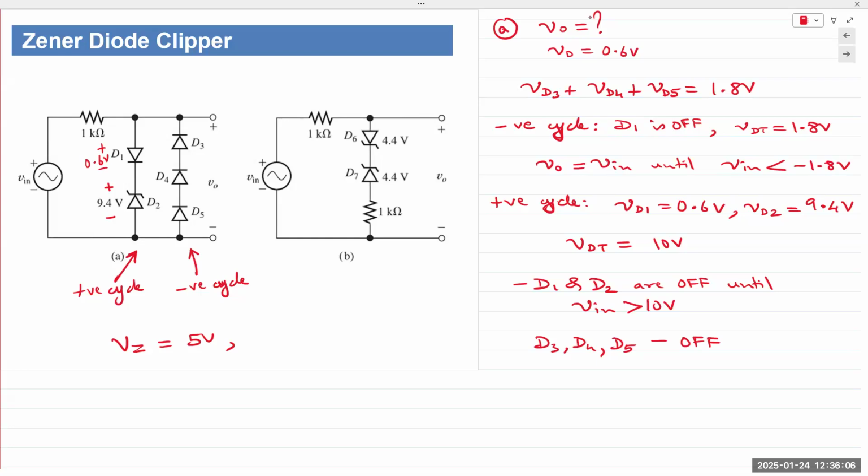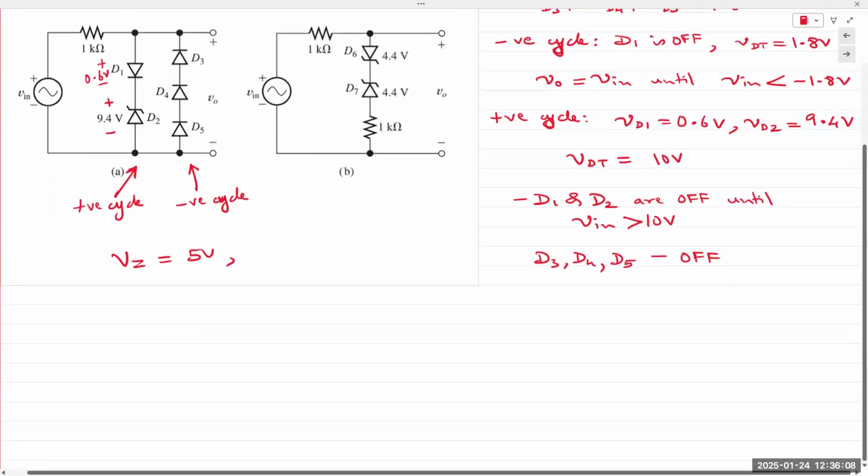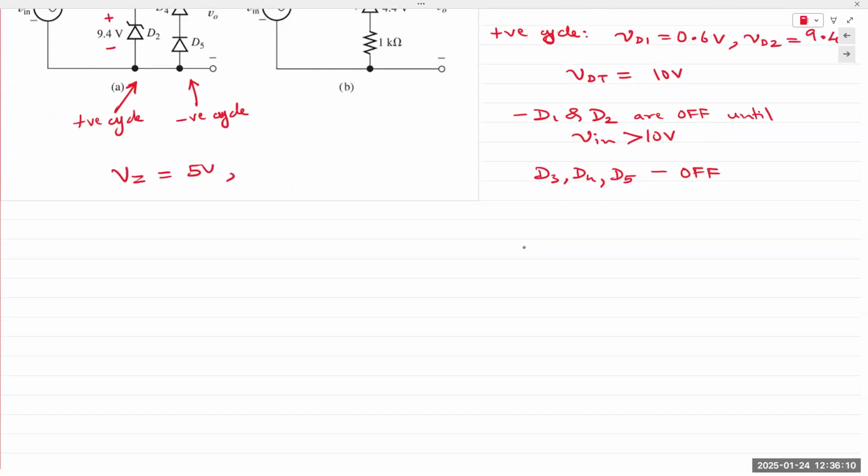So as long as Vin is below 10 volts, let's say we use the same thing as the previous one. This is Vin, and let's say this is plus 15. Regardless of the voltage level, D3, D4, and D5 are off because their anode is always connected to the negative end, right?